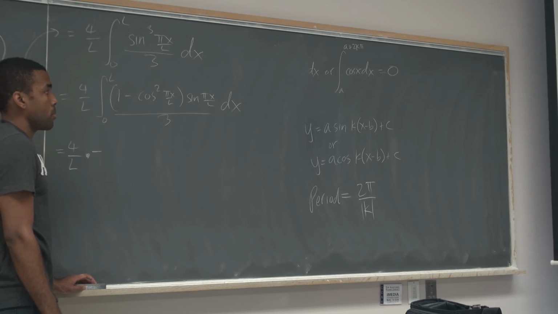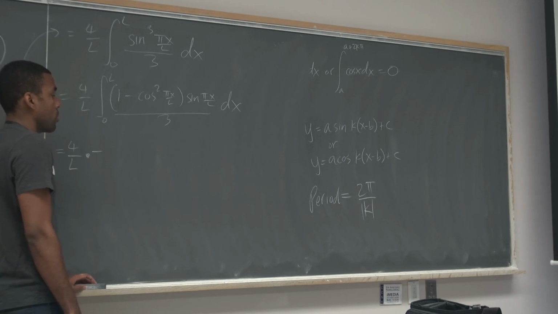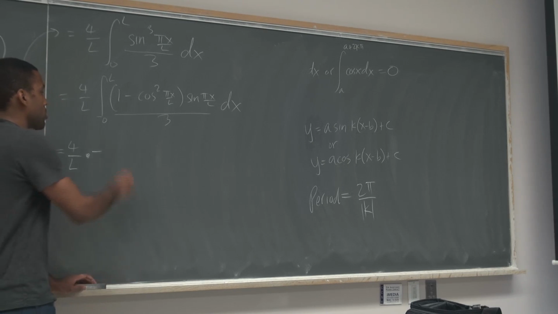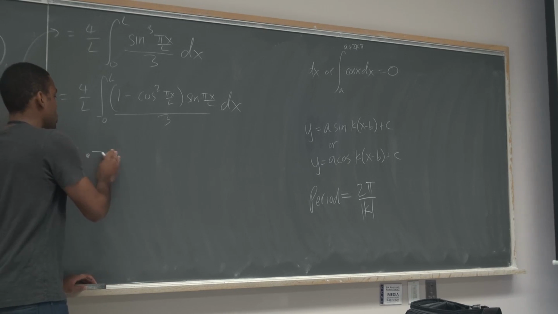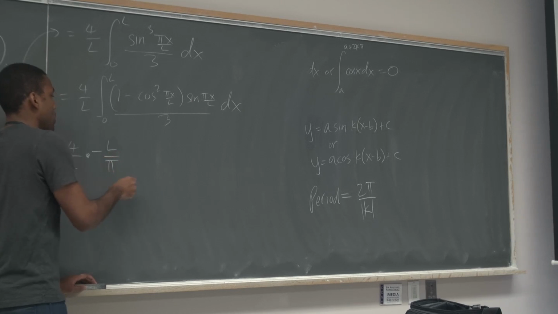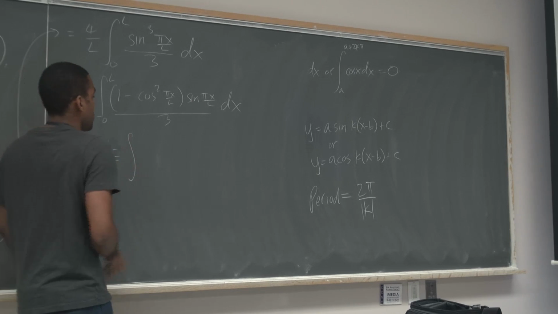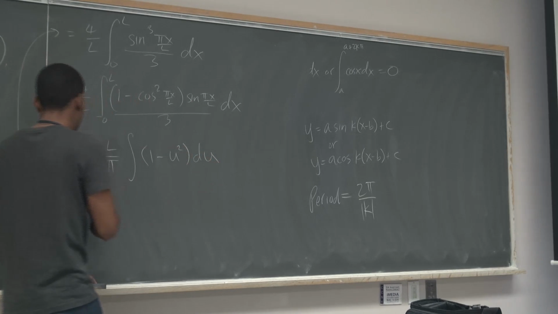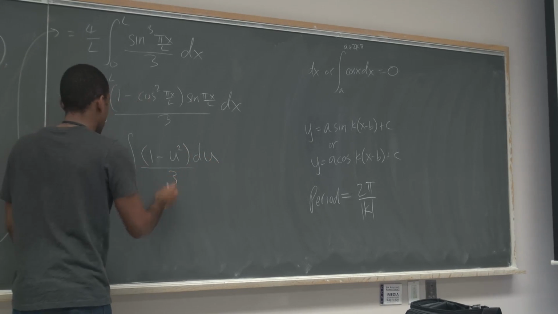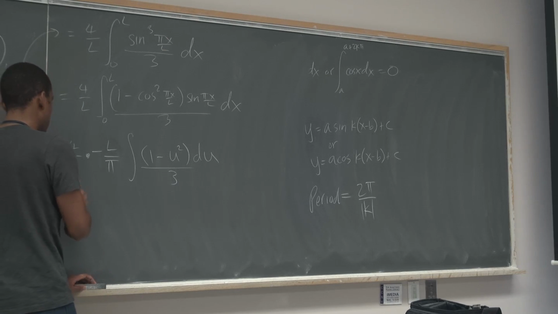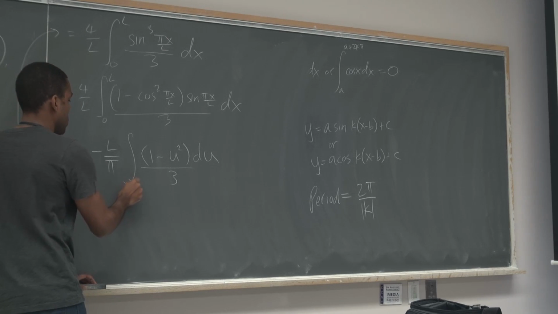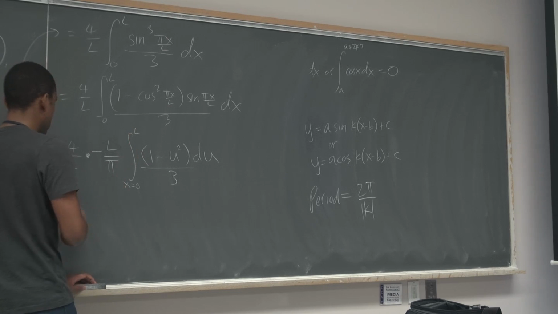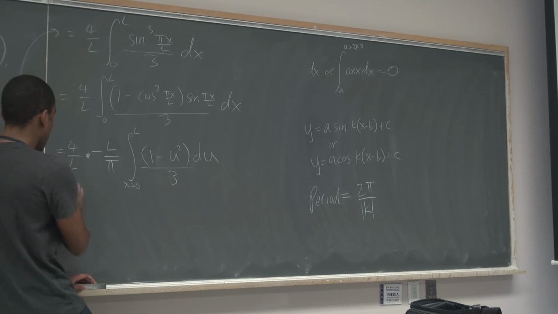Negative pi over L times sine pi x over L. Yes, pi over L. So this is going to be L over pi over 3. Just keep that, bringing that guy with us. This is from x goes from 0 to L. So the L's cancel.